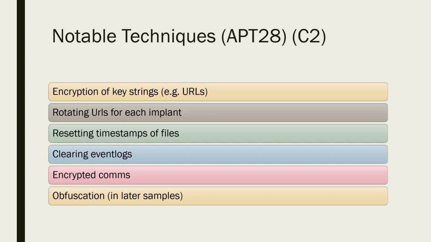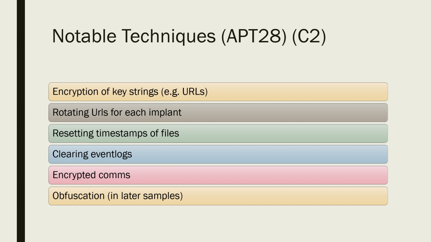For their C2, they encrypt a lot of the key strings like URLs. They also rotate URLs for each implant. They do some cool things like resetting timestamps of files and clearing the event logs. They use obfuscation in some of their malware, which was actually an evolution. Their initial code did not use obfuscation; their later code did. Some of these things we'll be implementing ourselves.